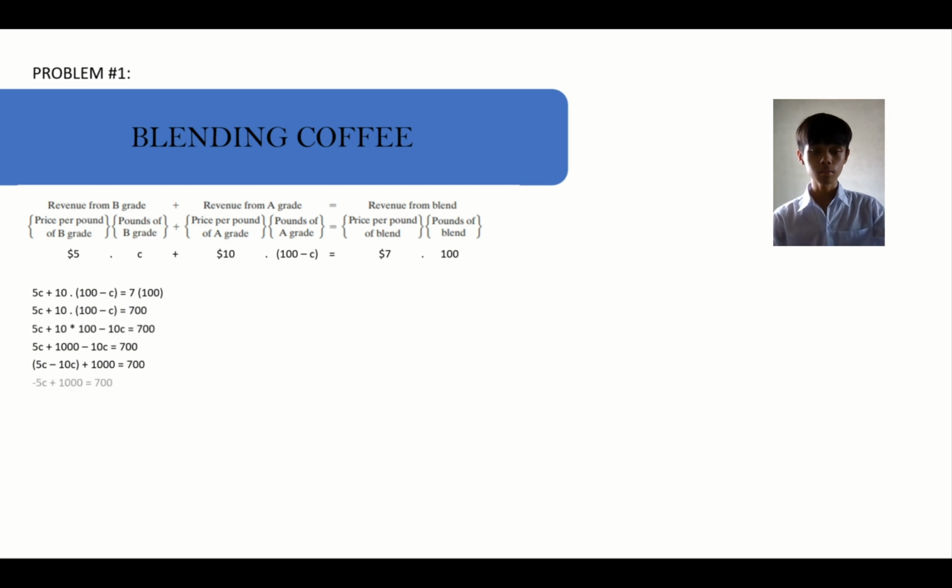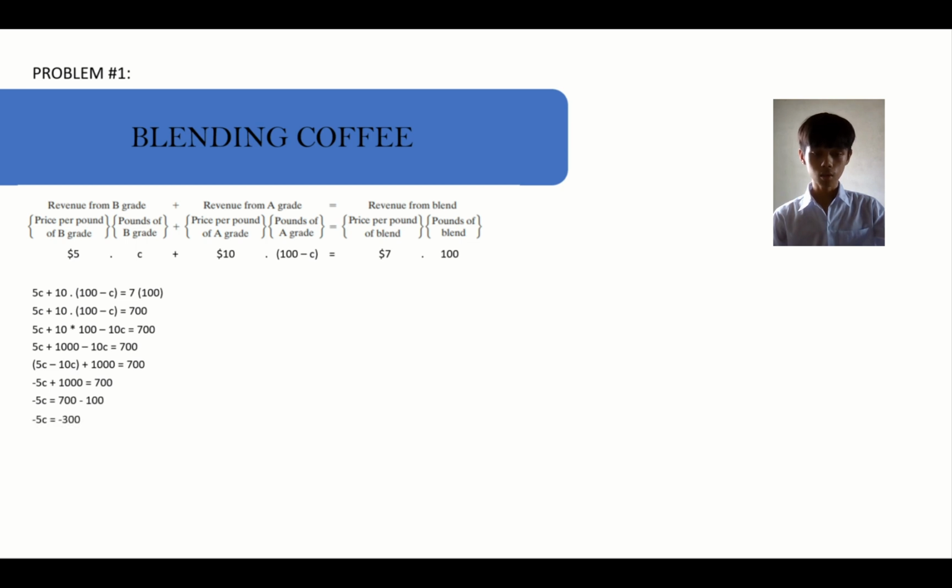So 5C minus 10C is equal to negative 5C plus 1000 equals 700. Move 1000 to the other side. So negative 5C equals 700 minus 1000. Subtract 700 and 1000.